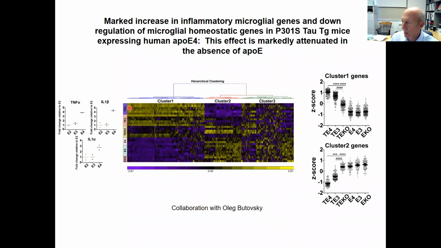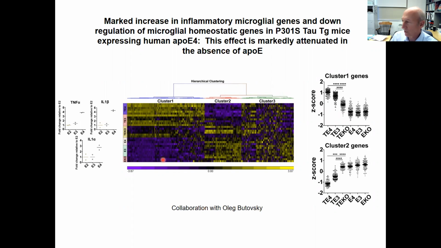And you can see in the tau E4 mice, each of these lanes is an individual animal, there's a big increase in gene expression in what we then called cluster 1 type genes, and a big decrease in these cluster 2 type genes. And this pattern of microglial related gene expression was mostly blocked in the absence of APOE. And we didn't see that pattern at all if the tau transgene was not present.